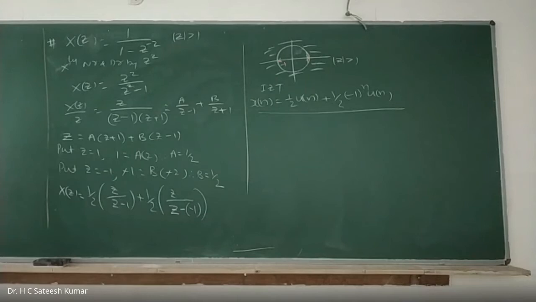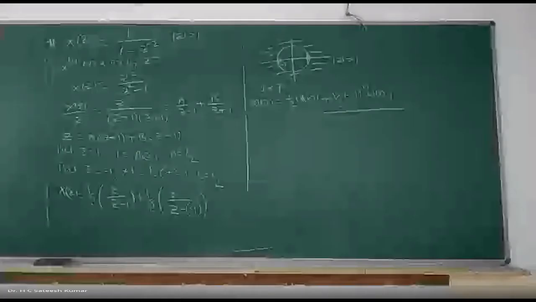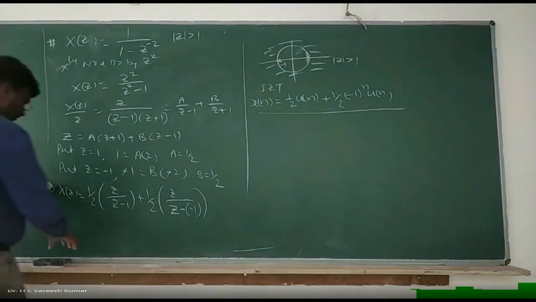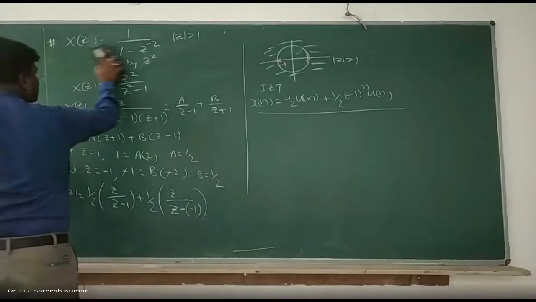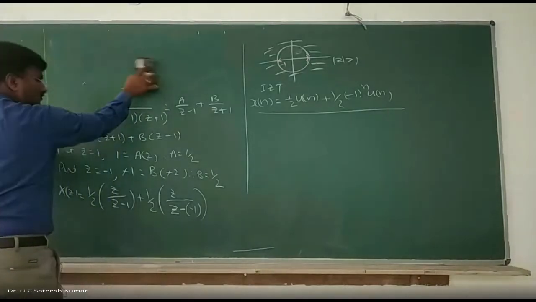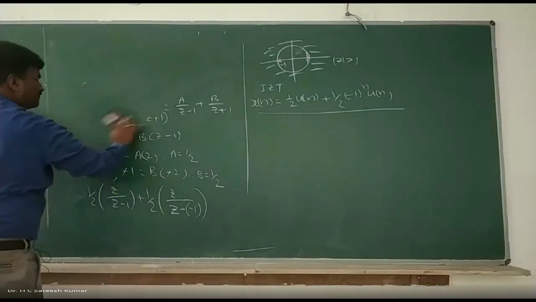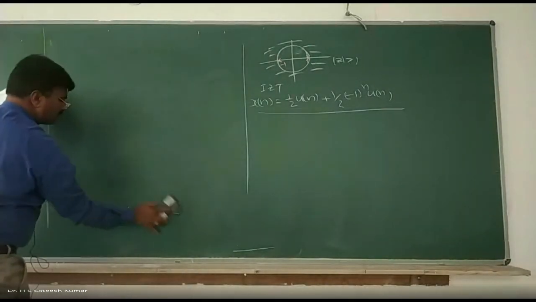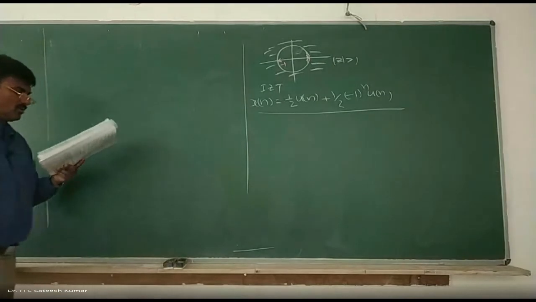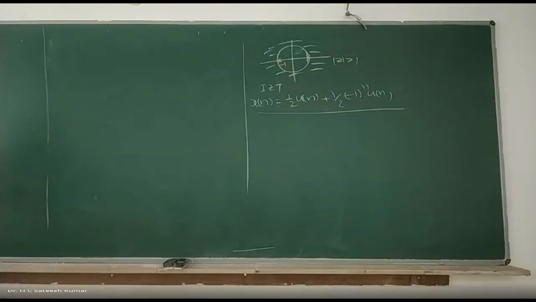Okay. Similar to the last problem, we have one more problem. You can do it as a practice problem. How to do this problem? This is also repeated thrice in the exam.